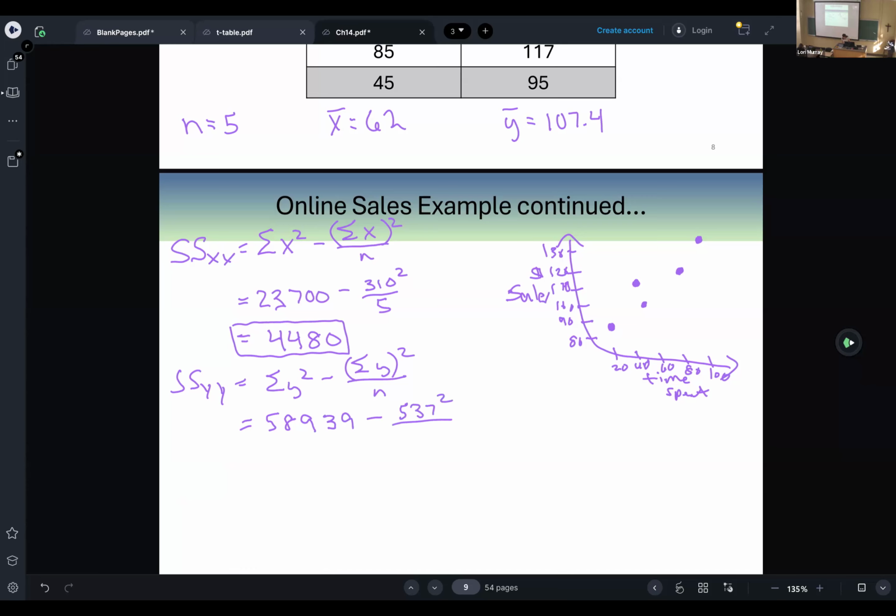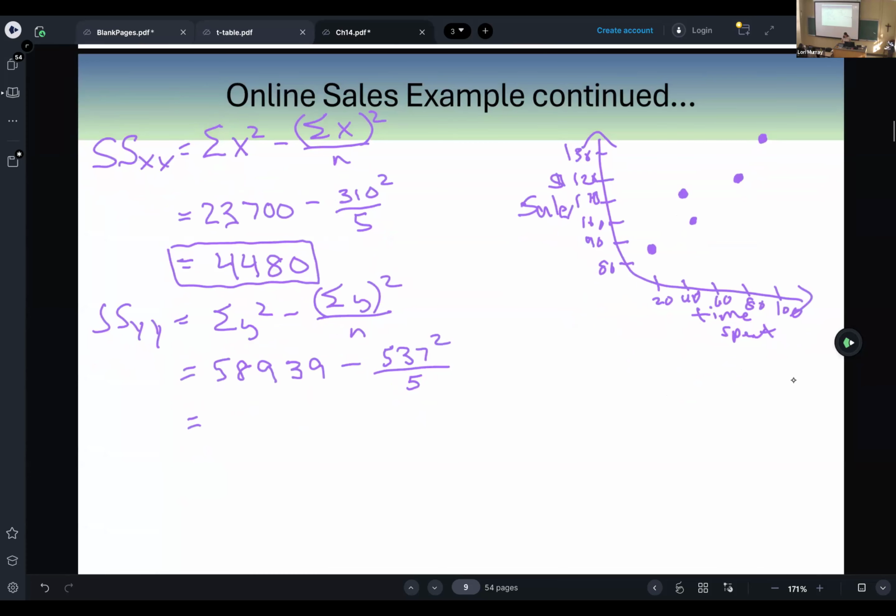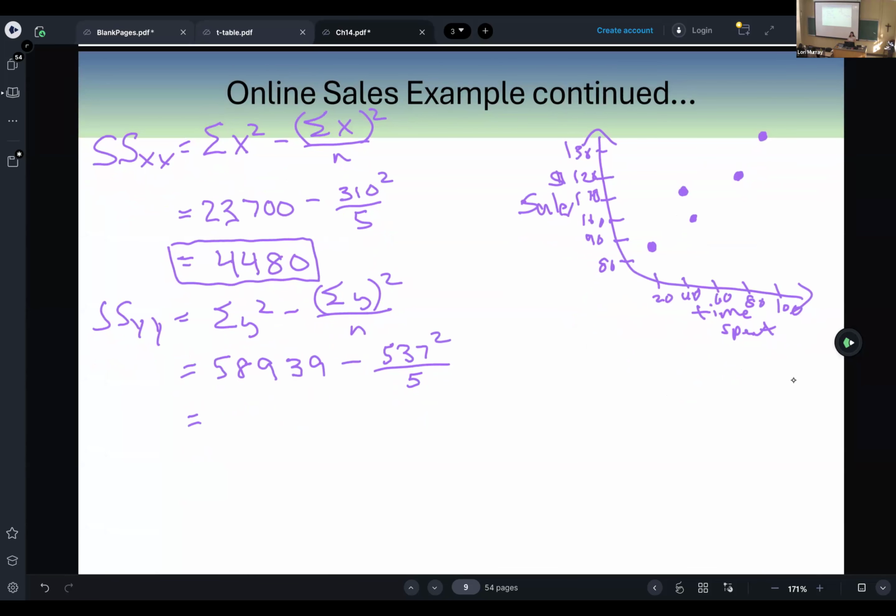Square it, don't forget to square it, divide by 5 customers. And we get that sum of squares. Anybody have a sum of squares for the Y's?